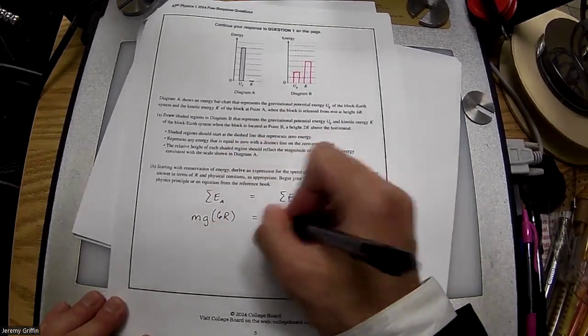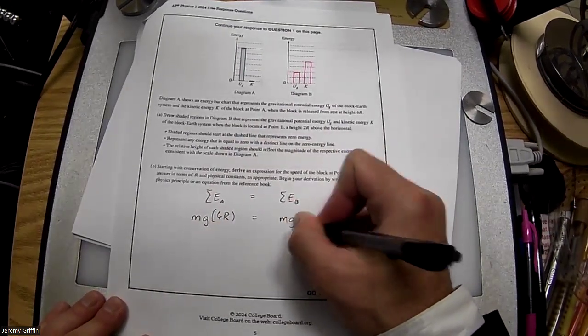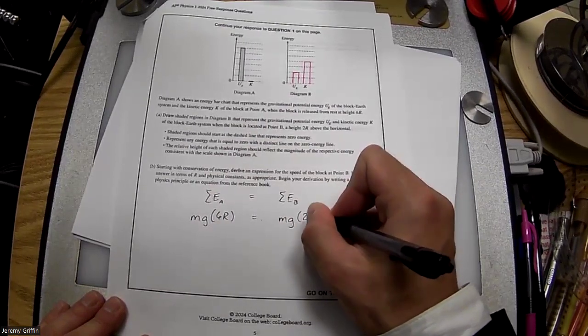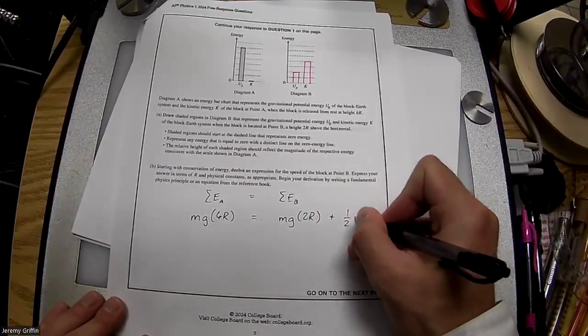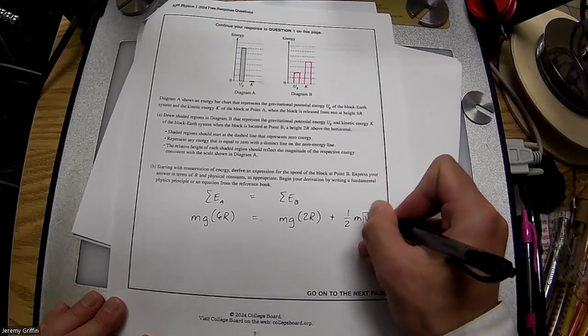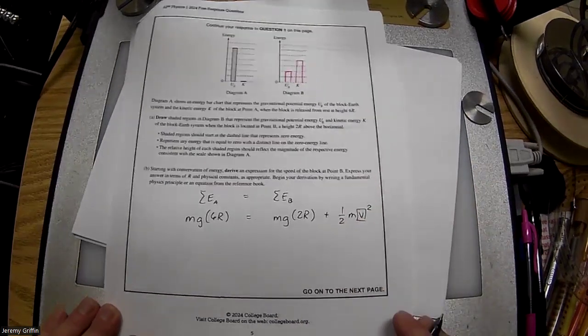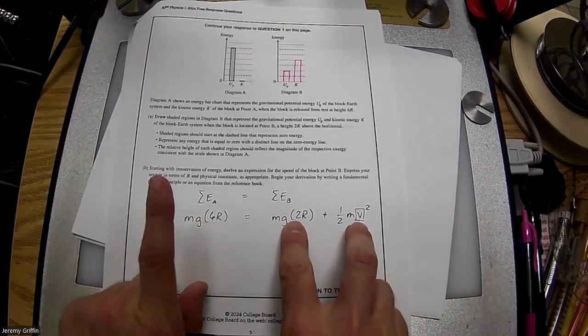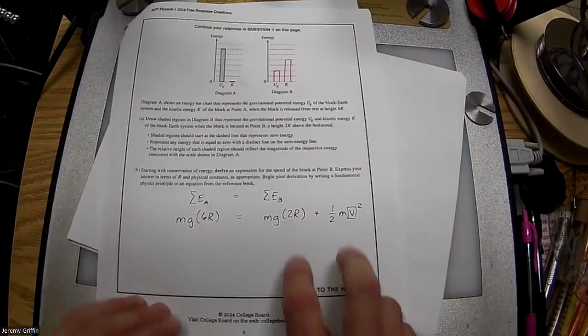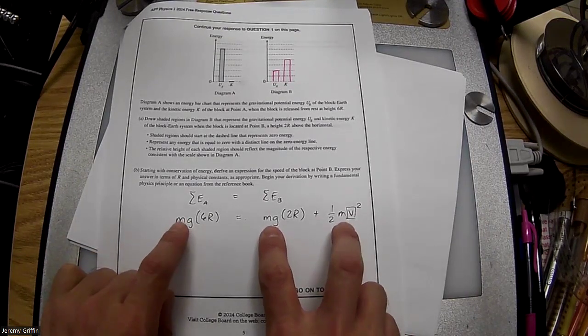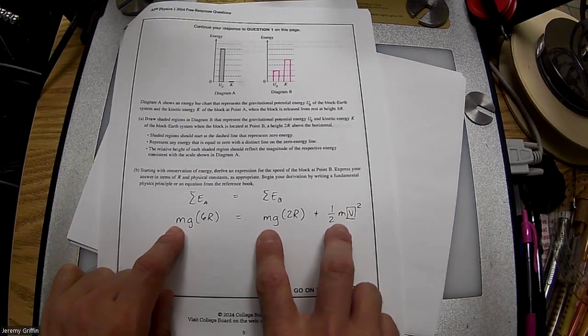And by the time you get to point B, you have m times g times 2R relative to the ground, plus 1/2 mv squared, and we're solving for that v. Just like that. See, there are 3 energy terms, matching the graphs, the whole deal. Guys, every single one of these terms has a what in it that you can cancel? M.